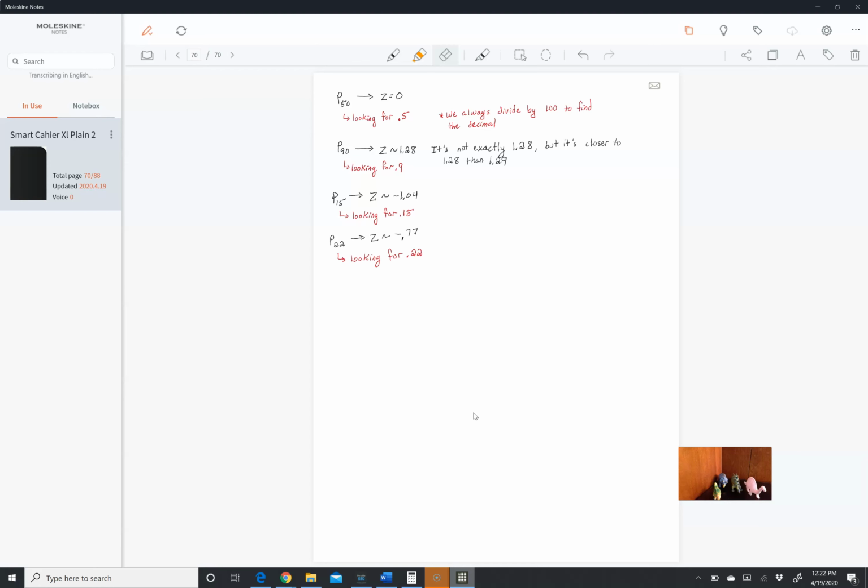Okay. So the next thing is to transform our z-scores to x values, okay? So to actual data, okay? So we need the random variable. So it's like asking a question, okay? So if we go back to like the number of households that have televisions, okay?